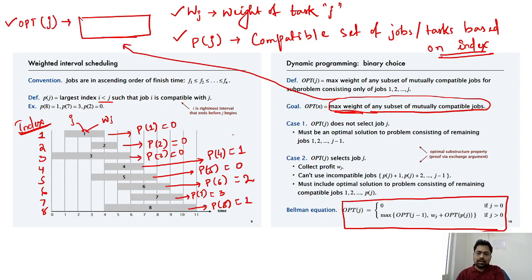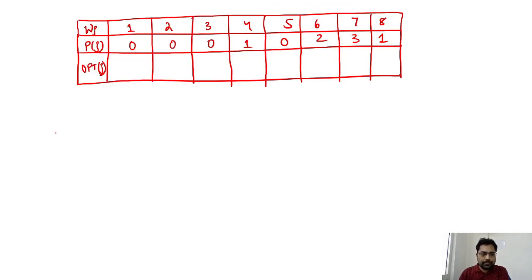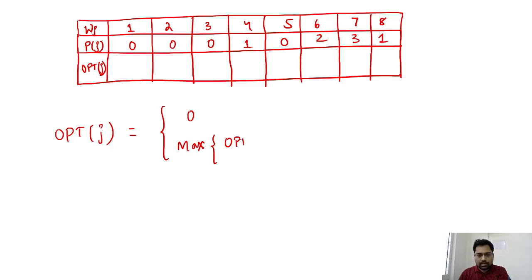Here OPT of J is 0 if J is 0, and otherwise max of OPT of J minus 1, and W of J plus OPT of P of J.